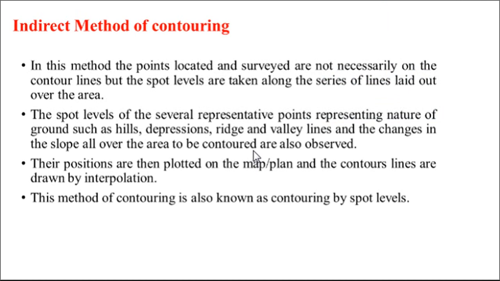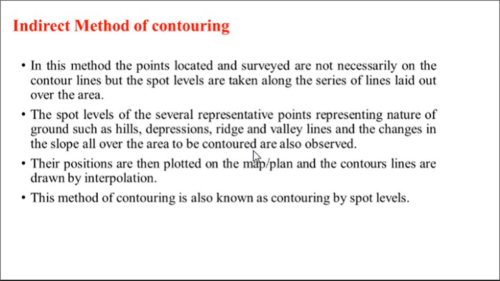So starting with the indirect method of contouring. In this method, the points to be located and surveyed are not necessarily on the contour lines, but the spot levels are taken along the series of lines laid out over the area to be surveyed.